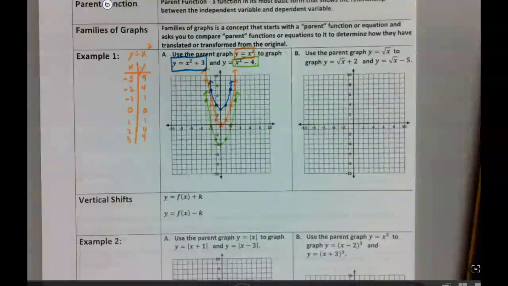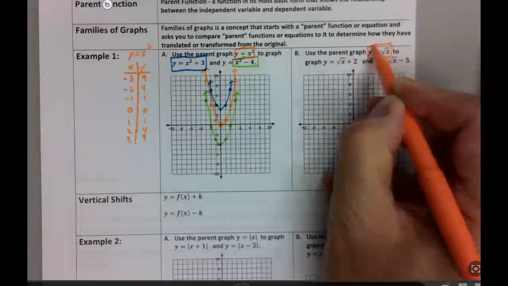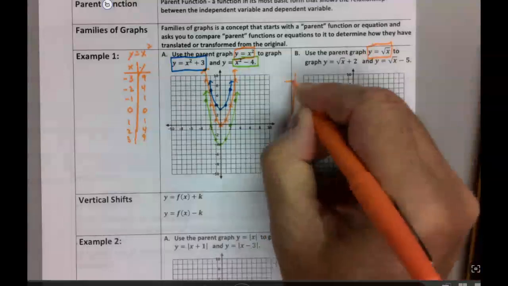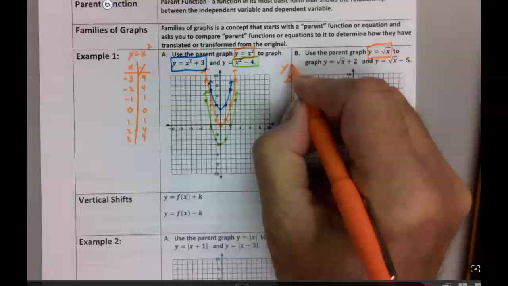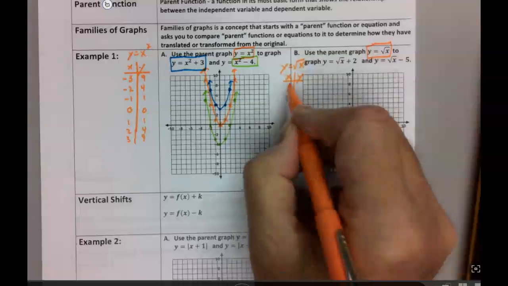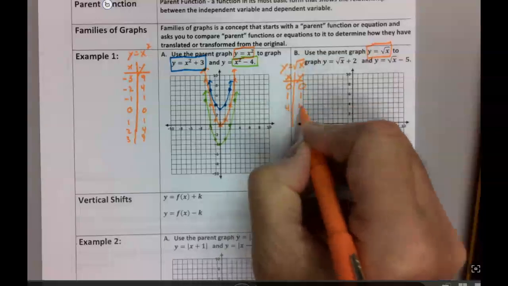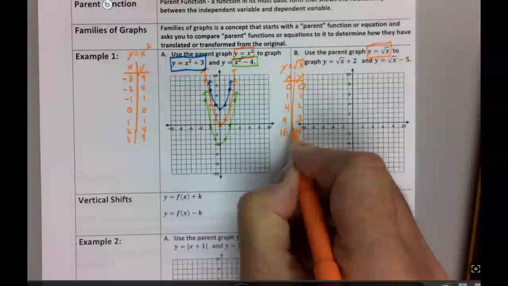Now, the one over here, here's your parent function, which is the square root, correct? So the T-chart I gave you yesterday for the parent function, y equals the square root of x, is 0, 0, square root of 1 is 1, square root of 4 is 2, square root of 9 is 3. Probably not going to use 16, but I'll put it in there anyway.